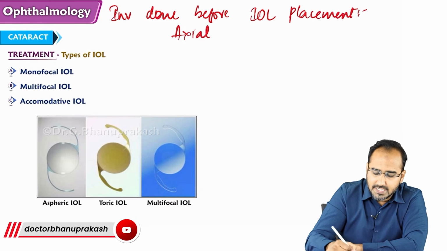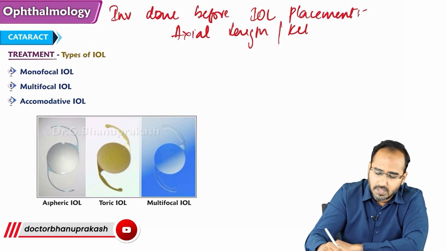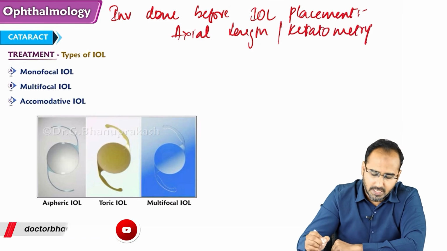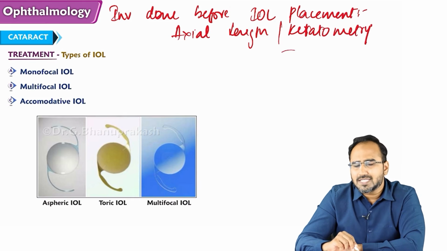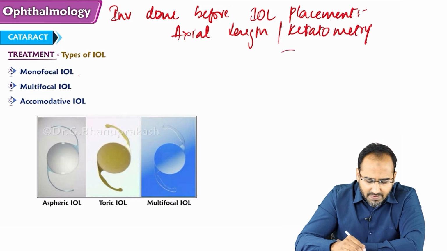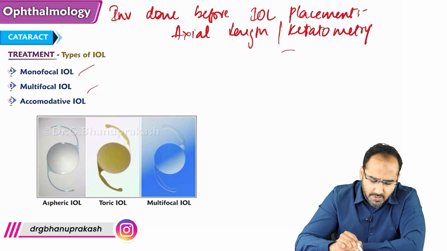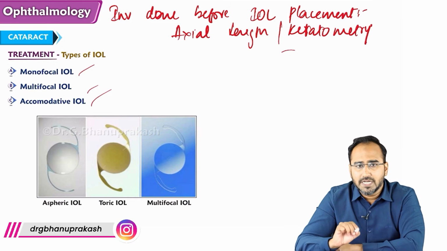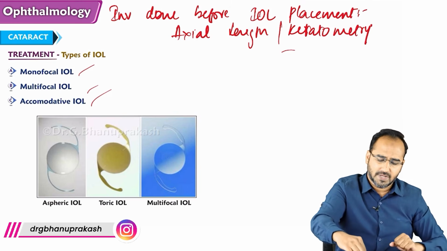You look for axial length and keratometry. So, what are the three types of IOL? We have monofocal IOL, multifocal IOL and accommodative IOL. It totally depends on what the patient is suffering with.